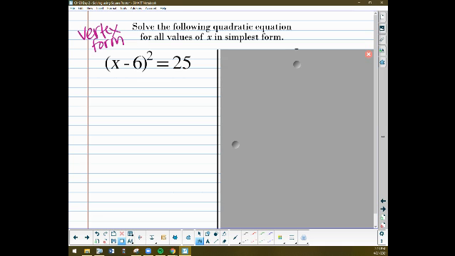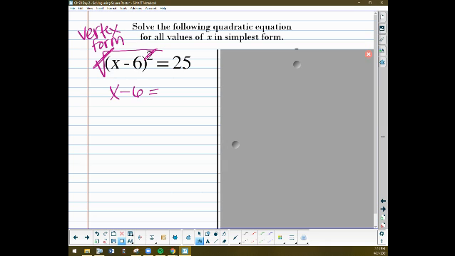Because I have parentheses squared, I need to get rid of those parentheses first. So we have to get rid of the squared first. So remember, in order to get rid of the squared, we take the square root of the whole thing, and those are going to cancel out. And now x minus 6 is free from those parentheses.